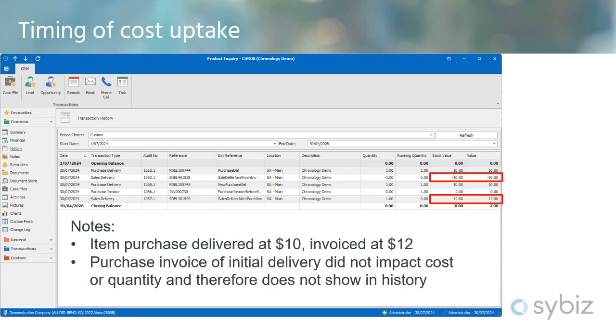Obviously, you can have a look in the invoices section of your product inquiry and see the transaction there, but from a stock history point of view, because it didn't post anything, there was no adjustment to cost or quantity, so it doesn't show in history. That's why we only had 2 transactions showing for the first scenario and then 3 transactions in the second.